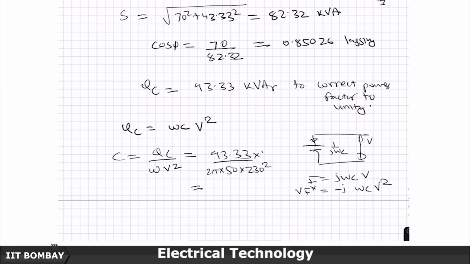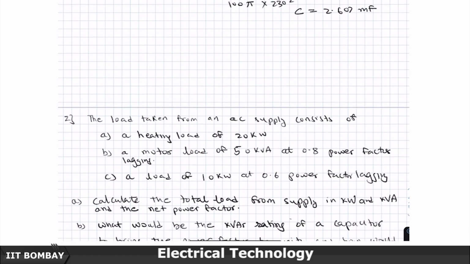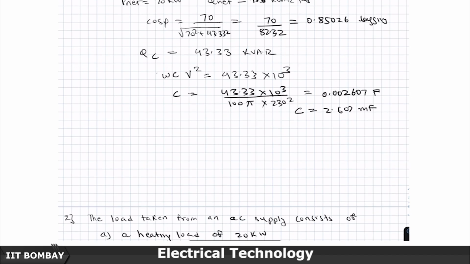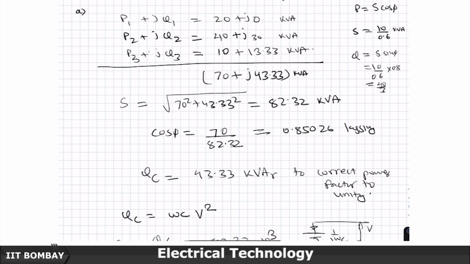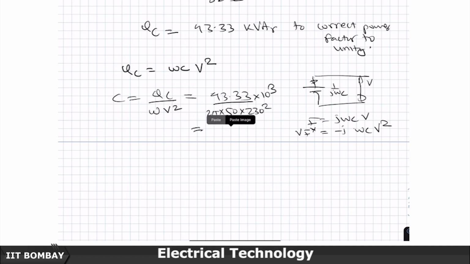This is in kVAR, so I should multiply by 10 to the power 3 to calculate the values in farad, and that value is turning out to be so many farads, which, if you multiply by 3, is 2.670 millifarad.